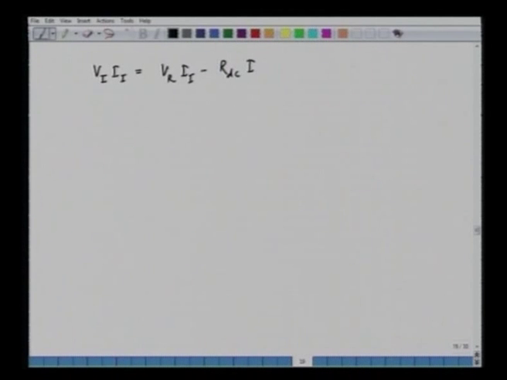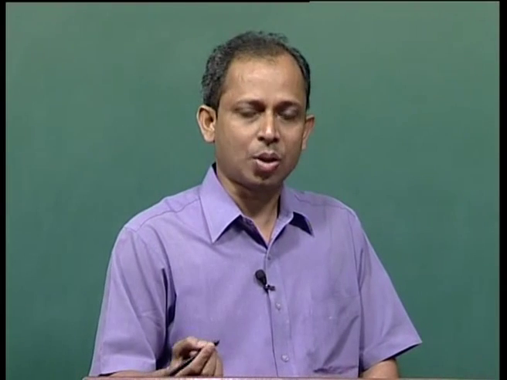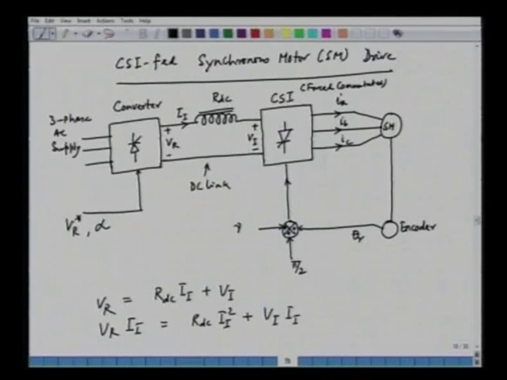Now, we assume that the CSI, the current source inverter, is lossless, does not have any loss. So, whatever is the input power here is going to the machine directly. There is no loss inside this CSI.